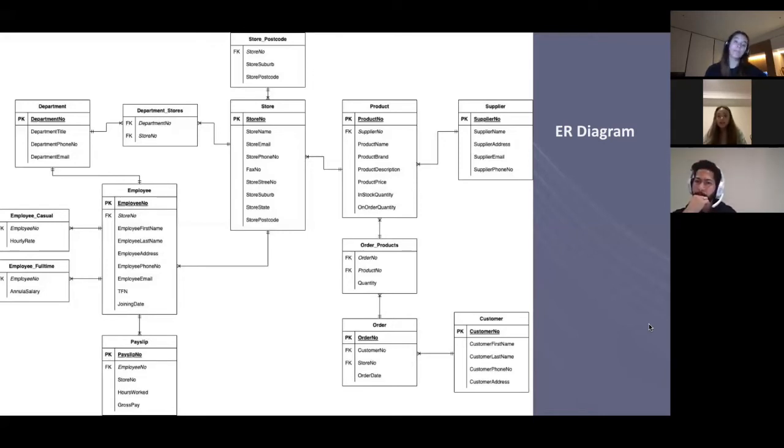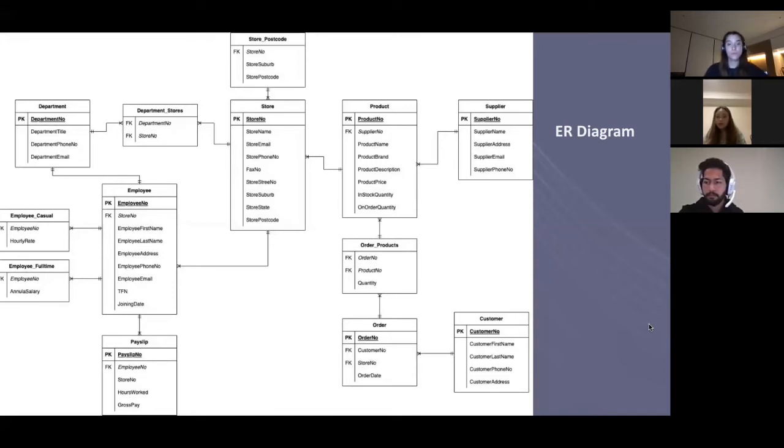Talking about second normal form, the table must be in the first normal form, and all the non-key attributes must be dependent on the primary key. Looking into the same store table, we can see store name, store email, store phone number, even fax number. They are all dependent on its primary key, store number.